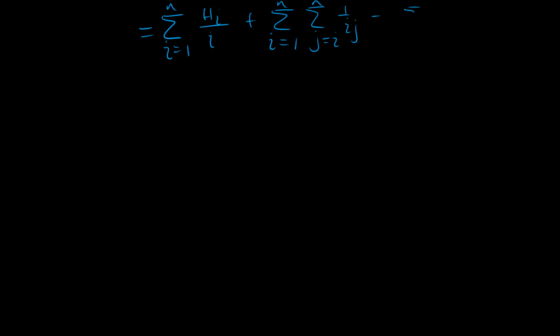And so if our initial problem was summing to n of hi over i plus the summation from i equals 1 to n, j equals i to n, minus summation.